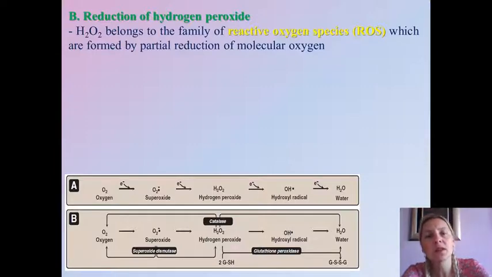We know that it belongs to the family of reactive oxygen species, ROS, which are formed by a partial reduction of molecular oxygen. And if you take a look at the figure, you can see the subsequent conversion of molecular oxygen to superoxide anion radical, and then hydrogen peroxide, which is further reduced to the very potent and reactive hydroxyl radical, to be finally reduced to the molecule of water.